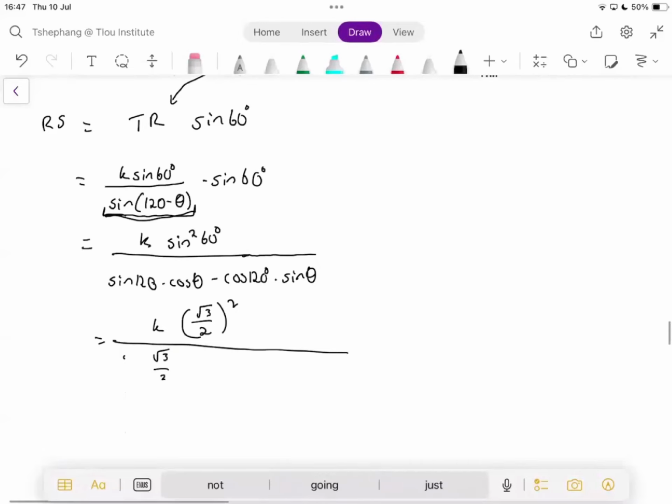Root 3 over 2 multiplied by cos of theta, minus what is cos of 120 degrees, negative 1 over 2, sine of theta.